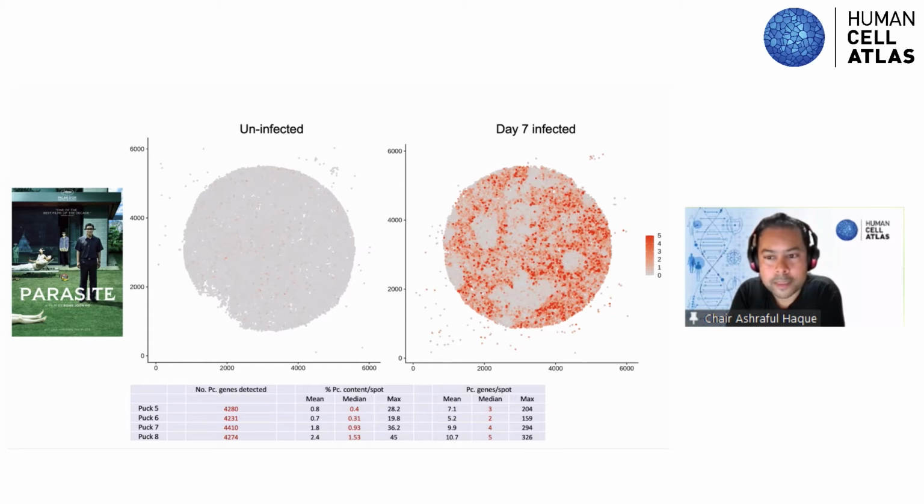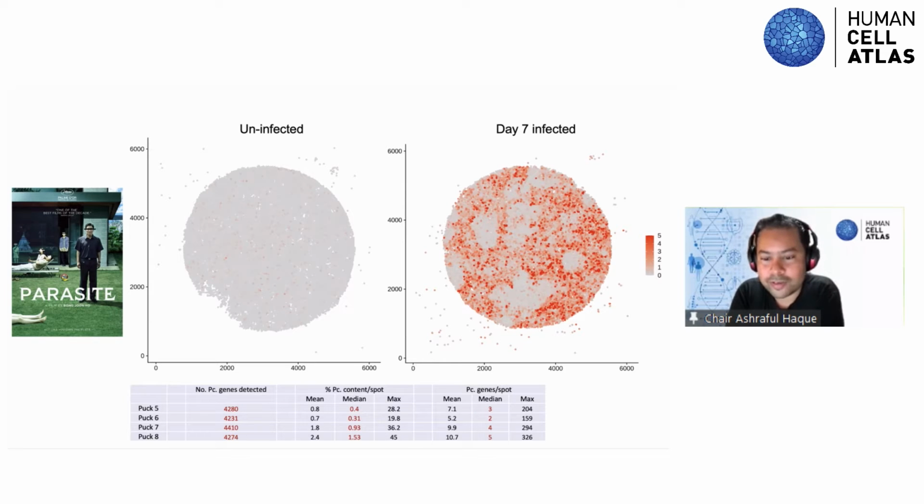And when we do that, we can see that there certainly is a signal there. And if you look at the types of parasite genes that we can detect down in the bottom left, it's over 4,000. So roughly 80% of the types of genes within the Plasmodium chabaudi genome can be detected.